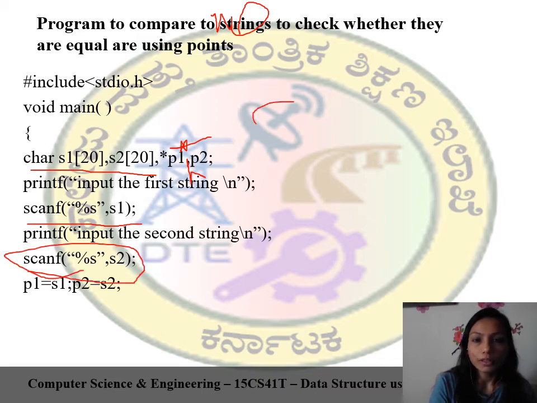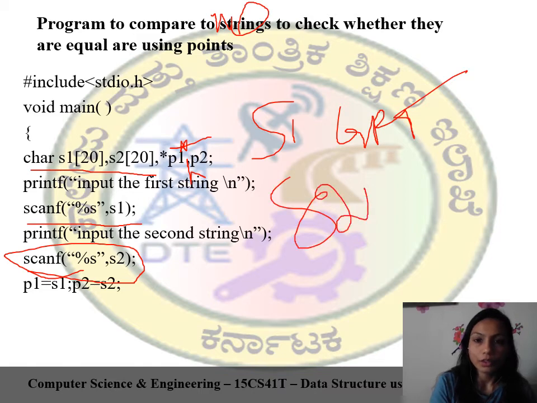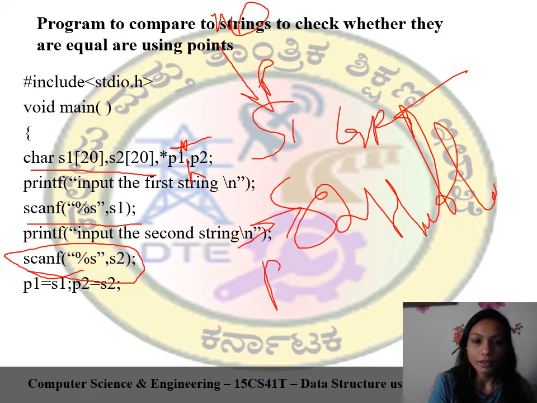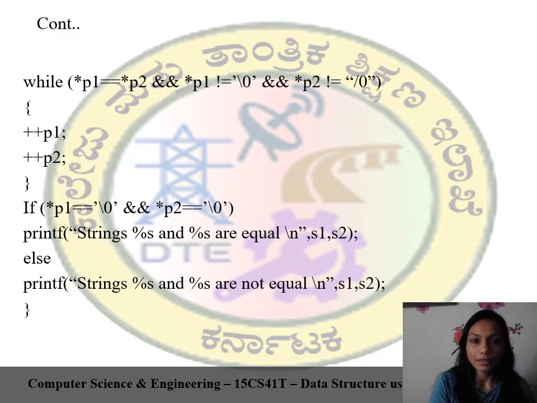Then, say we have S1 as GPT and S2 as oblique. Now we take a pointer P1 pointing to the first address of this, and P2 pointing to this.